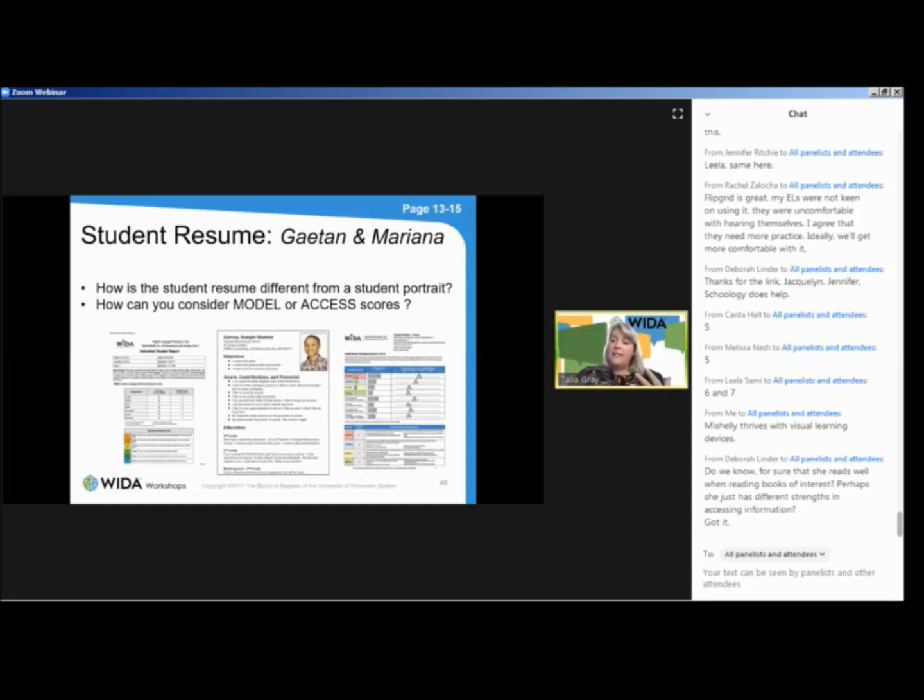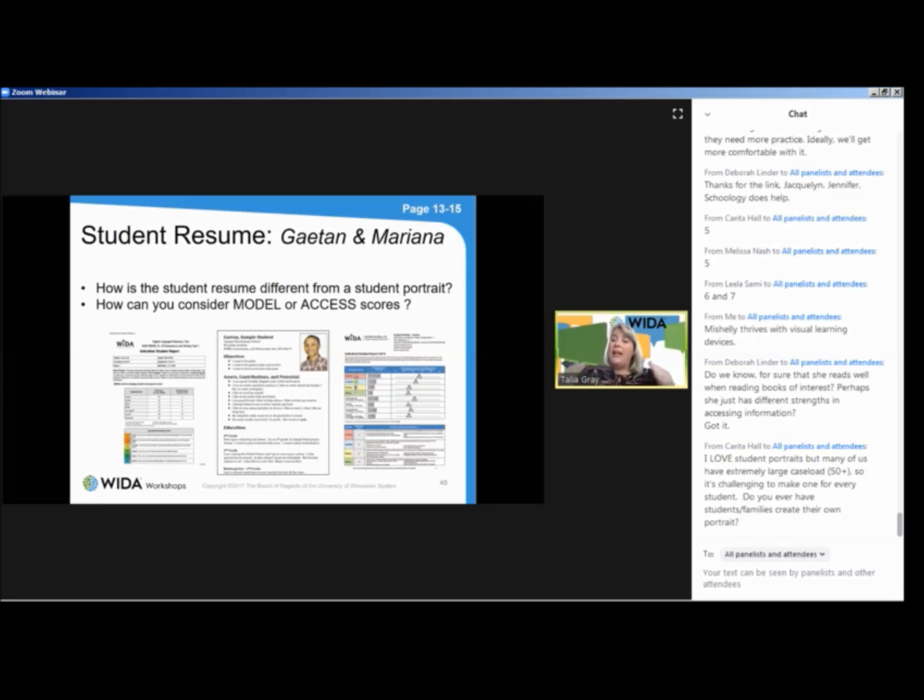Now, this document is something that would follow them ideally through their schooling years, and it's also something that would help other teachers of the student, not just language teachers, not just general ed teachers, but everybody who has this student in one piece of paper kind of knows about them. So these are fantastic resources. These examples are on page 13 through 15 of your webinar packet.